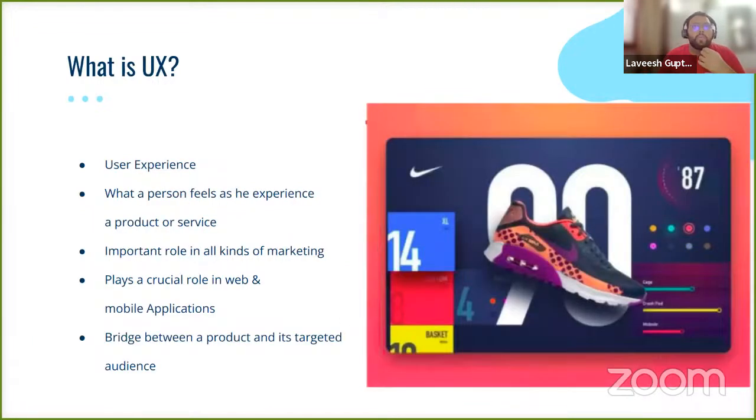Secondly, we have UX design. UX is user experience. First we talked about UI design, meaning how the user is going to interact. Now this is how the user is going to feel once they come to your website. What is the experience they are getting? This is Nike's website on a sales day. How does it feel? What is the product visible to them? What data are they grabbing from your website?